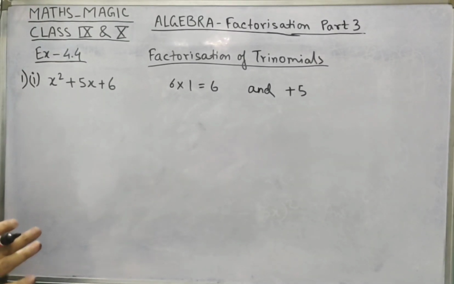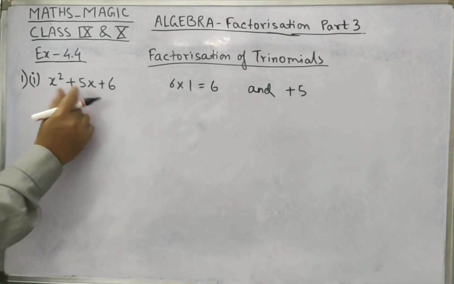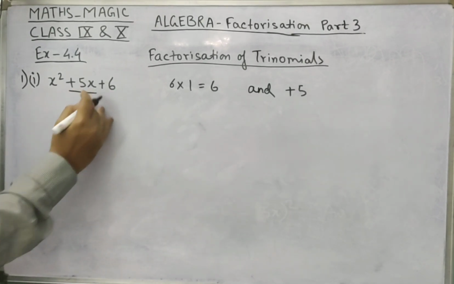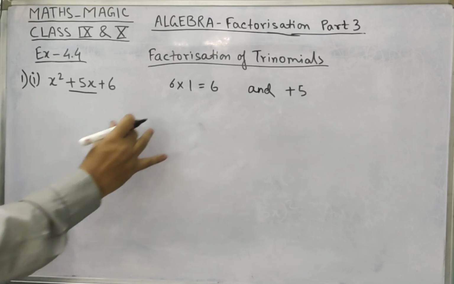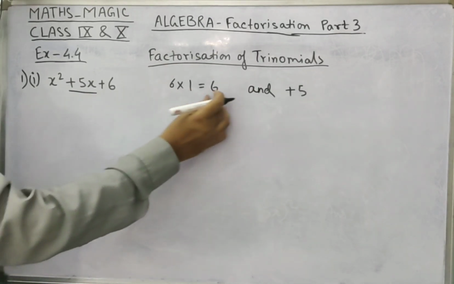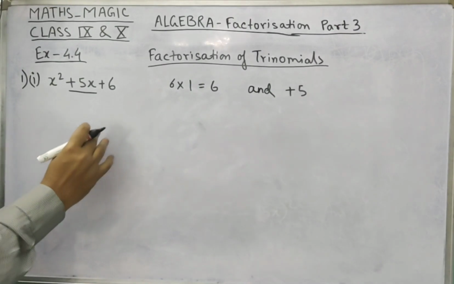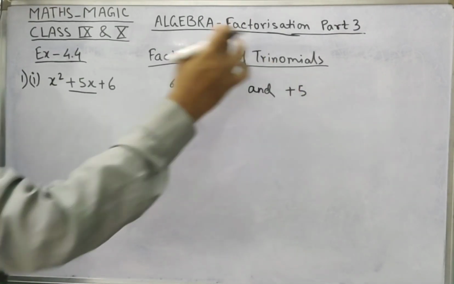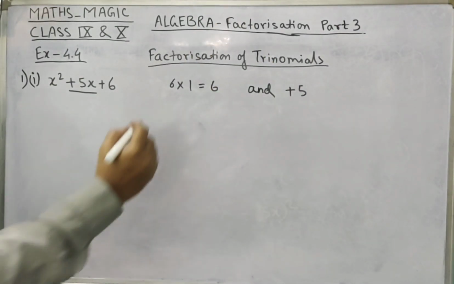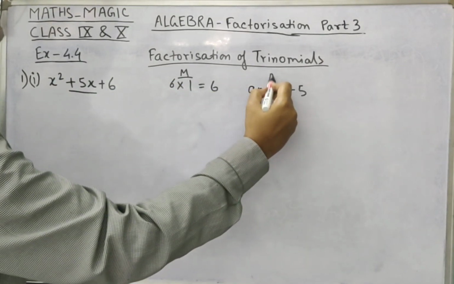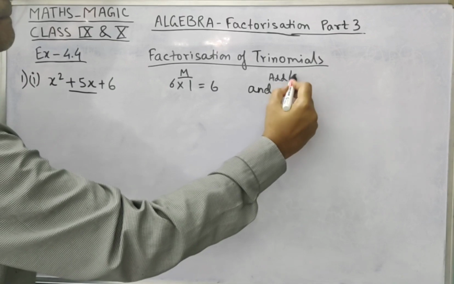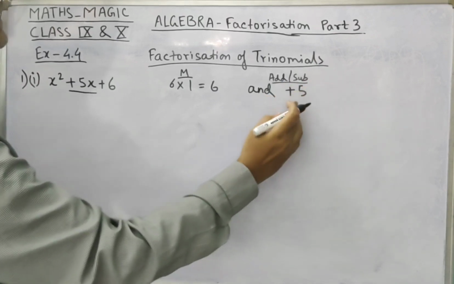Now, what is the motive? The motive out here is this plus 5x. We will break it in such a way that when we multiply, we get 6, and when we add or subtract, we get plus 5. Okay, so this is when we multiply, and this is when we add or subtract. We should get plus 5.